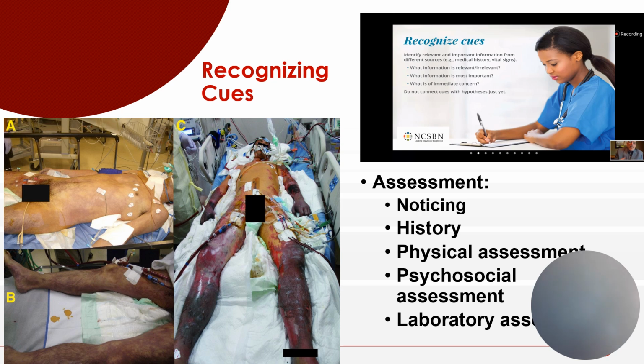So we need to, first of all, recognize the cues that we're seeing to be able to diagnose DIC. We're going to be observing, looking at these various cues. We're going to look at the client's history and, of course, always do the physical assessment, look at psychosocial assessment, and we also need some lab work.